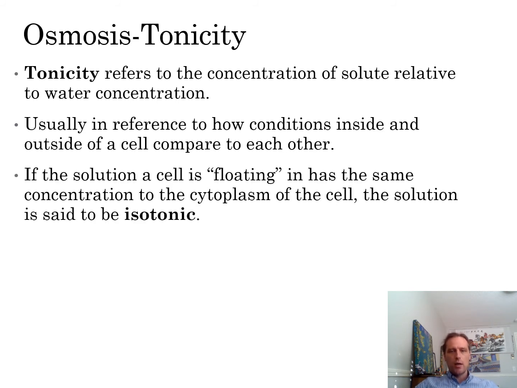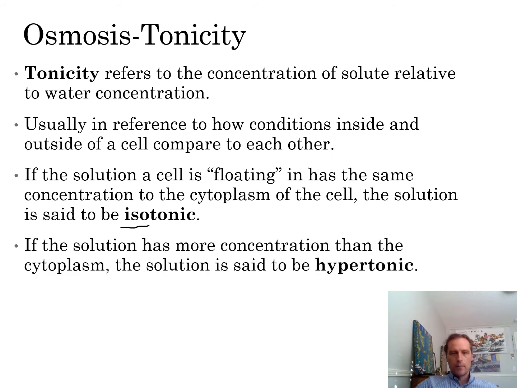If the solution a cell is sitting in has the same concentration as the cytoplasm of the cell, the solution is said to be isotonic. Iso, this root word, means the same. If the solution has more concentration than the cytoplasm, the solution is said to be hypertonic. Hyper means above or higher.